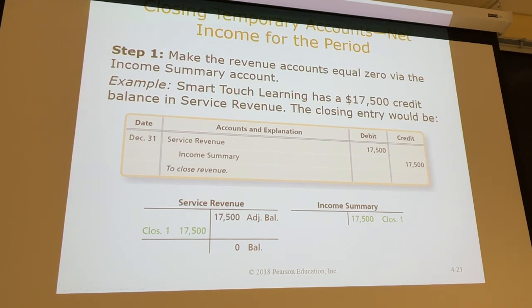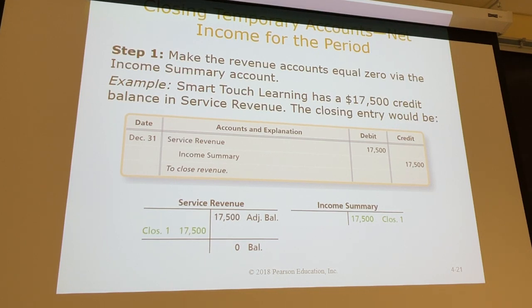So if our objective is to get it down to a zero balance at the end of the accounting period, then we're going to have to make a debit entry to that account of $17,500. So that's why in our first closing entry, we debit the service revenue account for $17,500. That will in fact bring the balance in the service revenue account to zero.